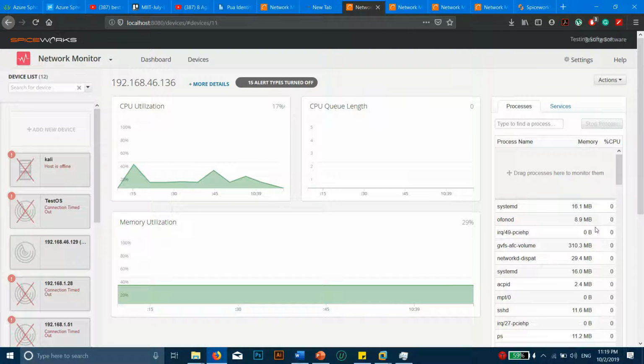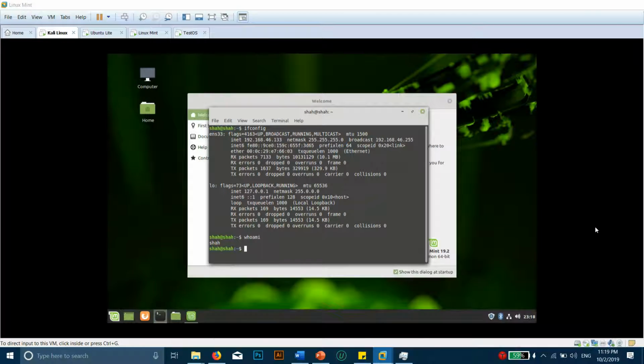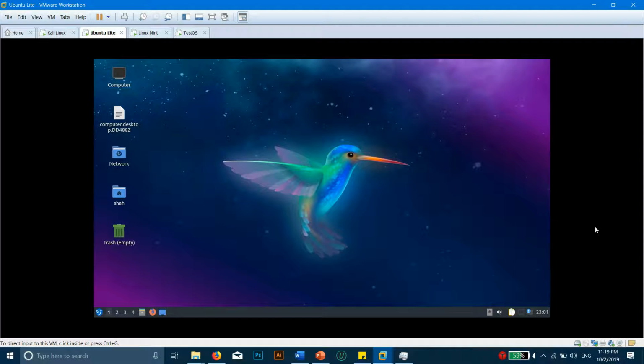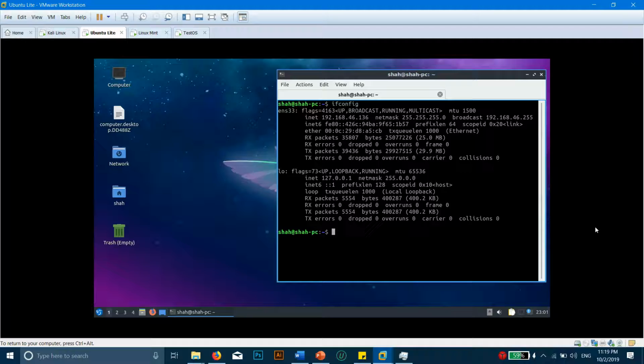So this is the IP address 192.168.46.136, and I think that it is this one. Yes, it is this one.